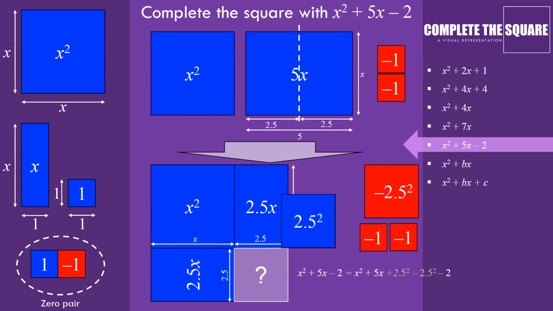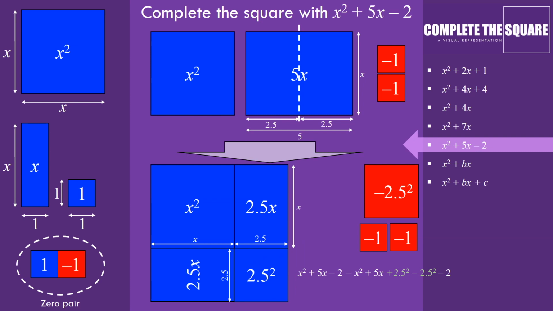We then move 2.5 squared into the gap, forming the larger square of length x plus 2.5. The first three terms in the algebraic expression complete the square. And what's left outside are minus 2.5 squared minus 2, which we evaluate to be minus 8.25. Therefore, our final expression is now (x plus 2.5) squared minus 8.25.